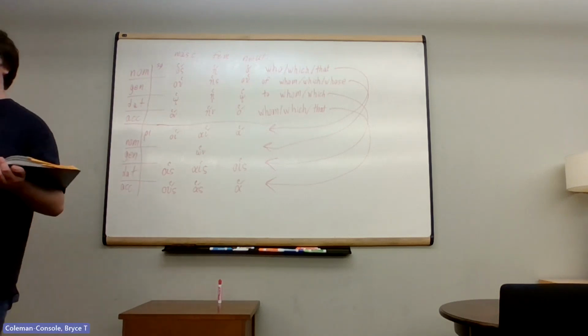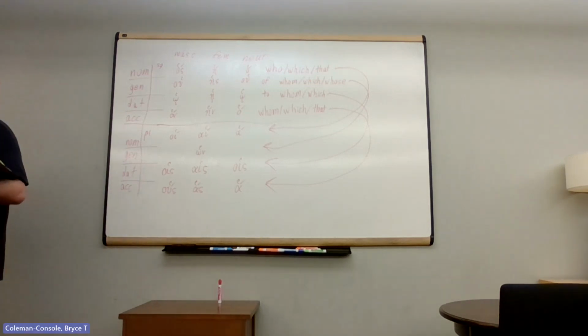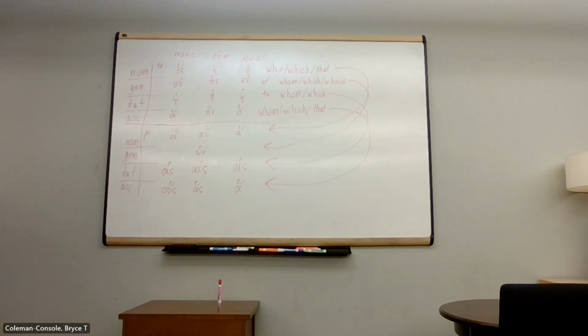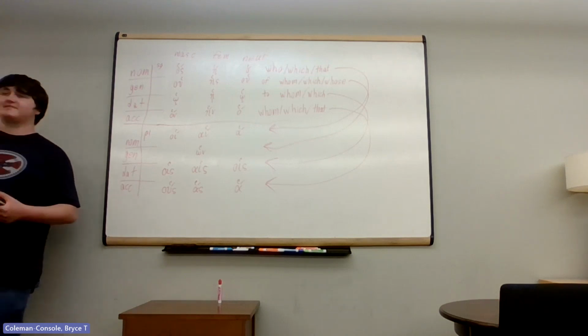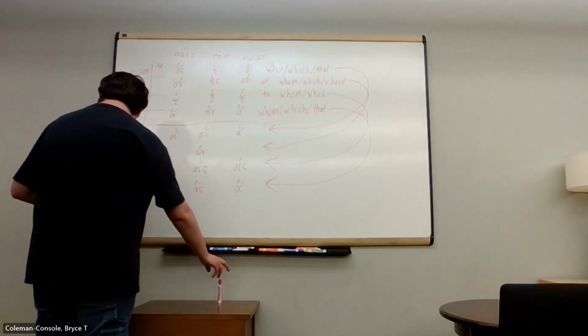Case is based on functionality. The case of the relative pronoun is determined by its function in the relative clause, not in the sentence. Makes sense? Or you want examples? Examples, please.